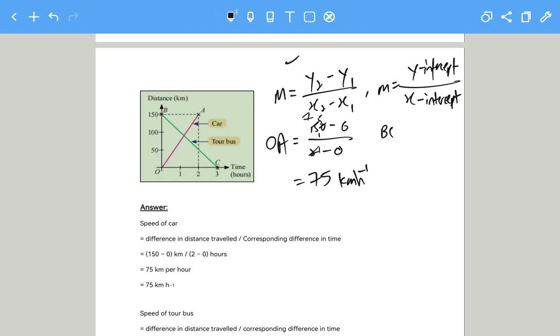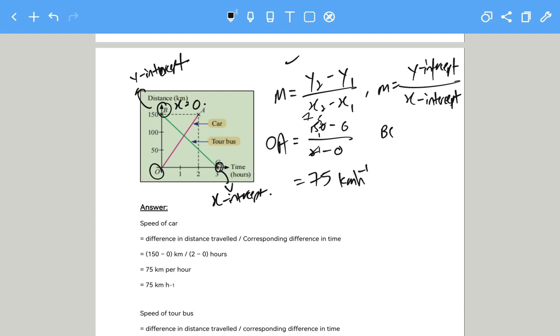So we calculate BC. We already know BC is the y-intercept, right? BC represents the y-intercept. Why do we know this is the y-intercept? Because x is equal to 0 here, right? And in C, we already know this is the x-intercept, because it intersects here.